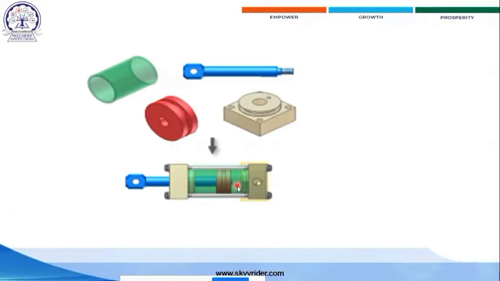We have to assemble the components in an appropriate manner, sequentially: one, then second, then third, then fourth, then fifth, depending upon the number of parts. Then after assembly, we get our required product.